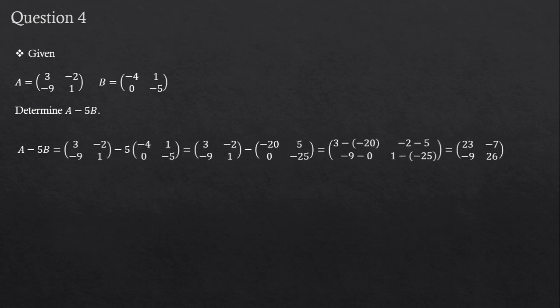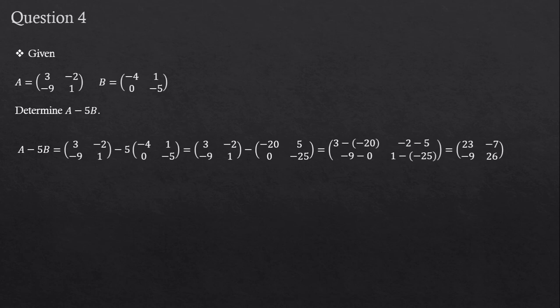For the sake of simplicity, I don't want to expand the negative sign from 5. I only need to expand 5, because some students will confuse themselves when they include the negative sign into matrix B. So it is better to leave it there.